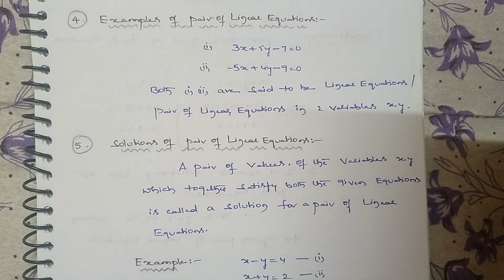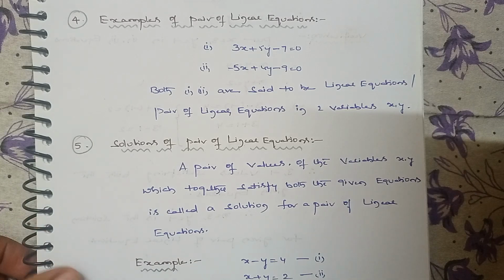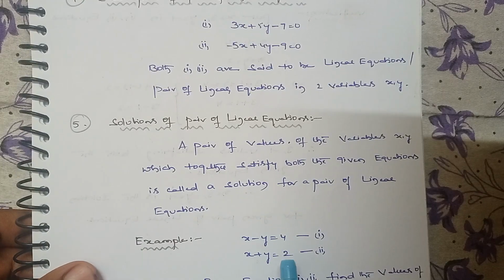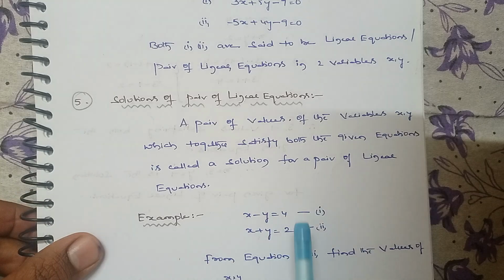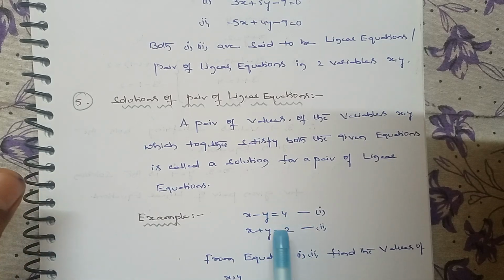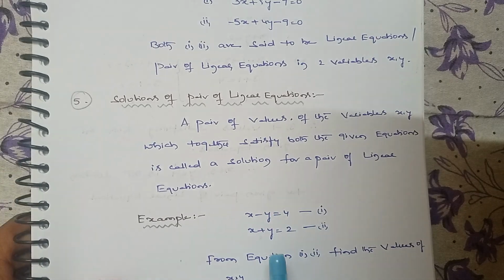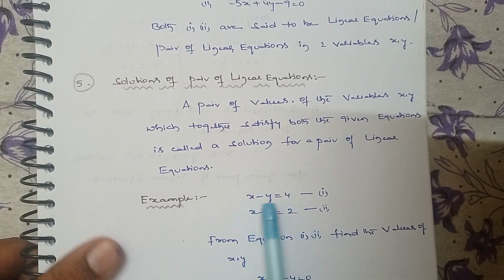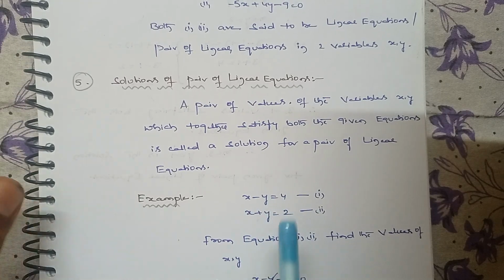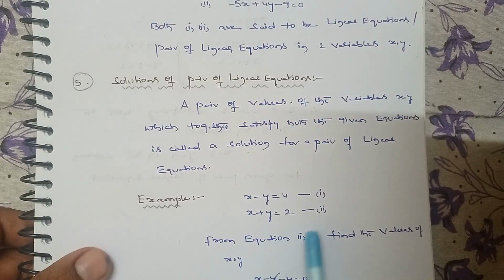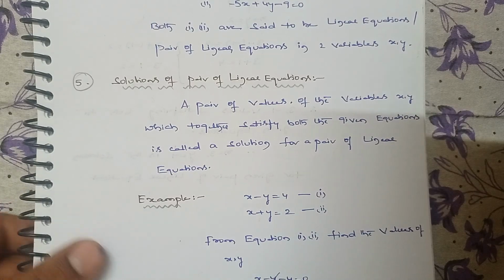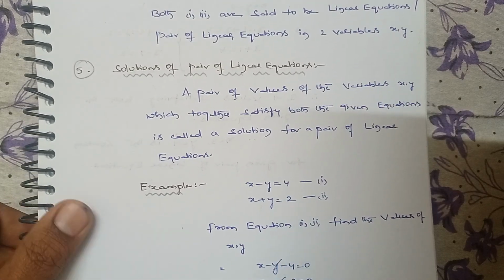Okay, let me explain with an example so that you will get an idea clearly. I took two equations: x minus y equal to 4, x plus y equal to 2. These two are a pair of linear equations, right? The equations are in terms of x and y, so it becomes a linear equation in two variables. Now find the values of x and y.